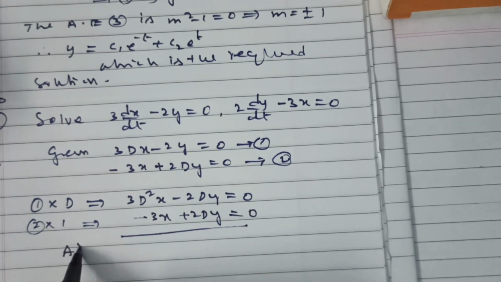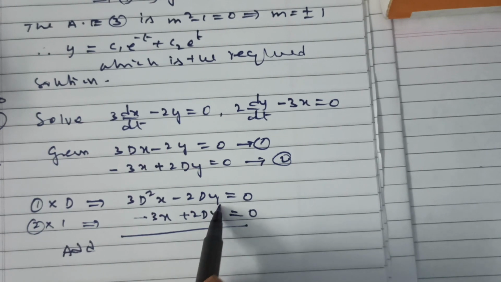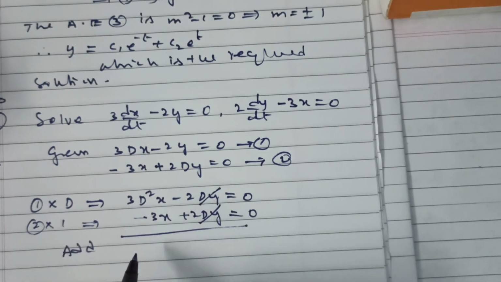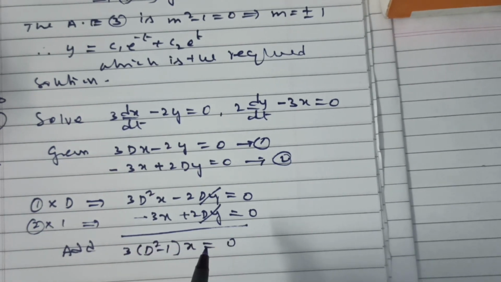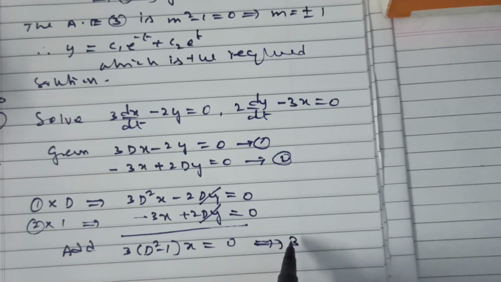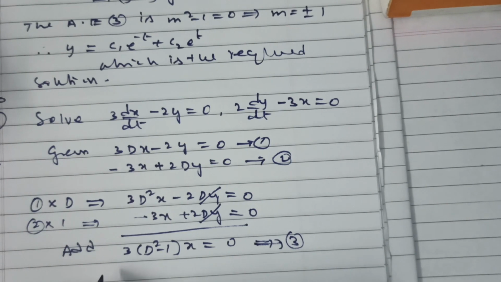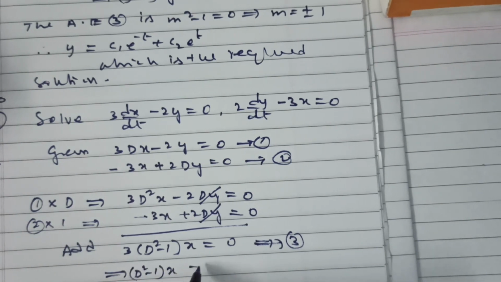So add. These two terms cancel. Taking 3 common and x common, 3 into D square minus 1 of x is equal to 0, or otherwise D square minus 1 of x is equal to 0 as equation 3.